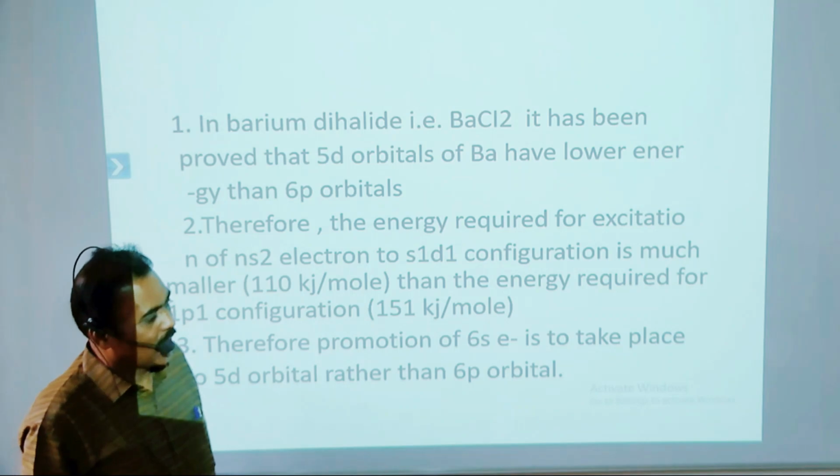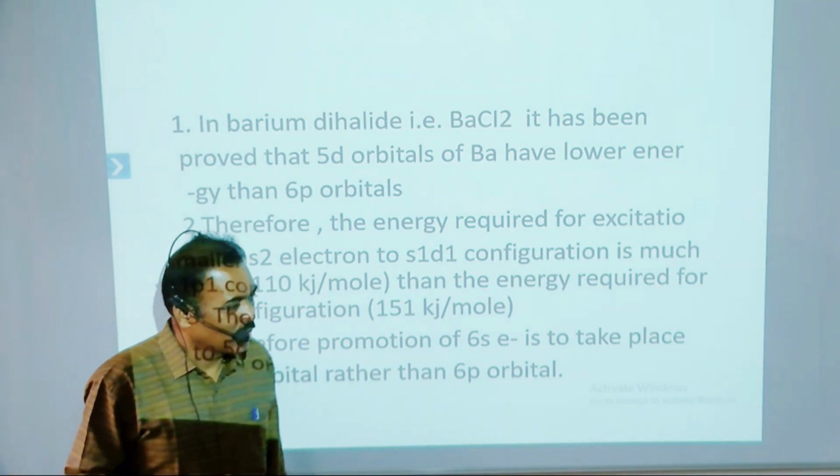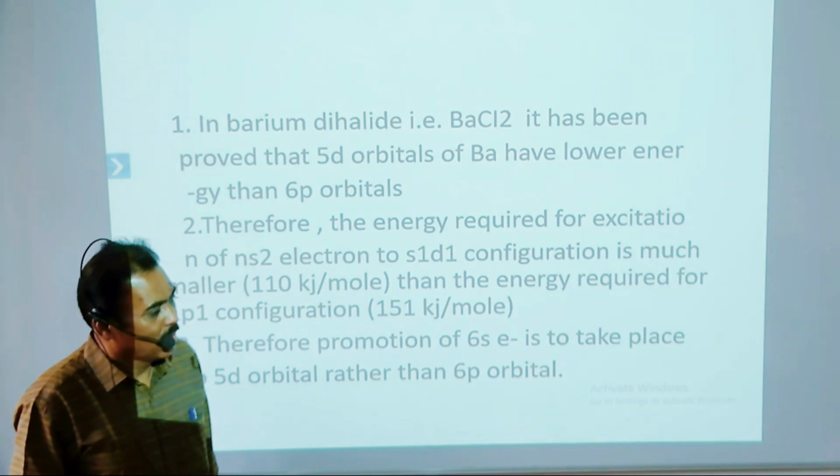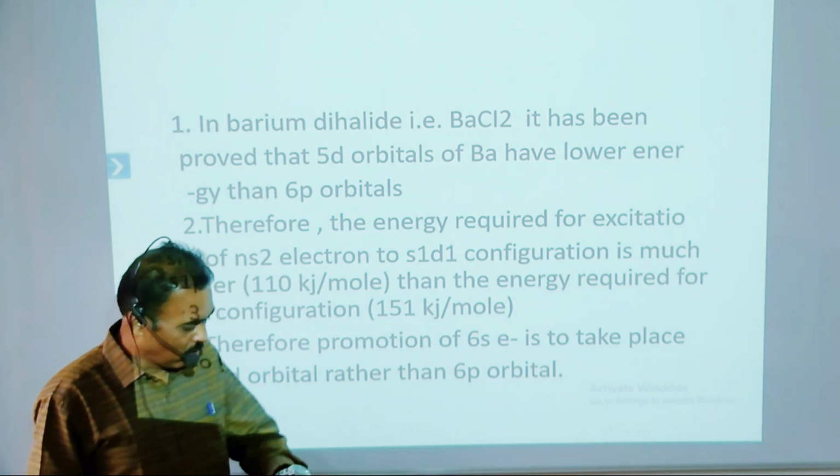In barium dihalide, that is BaCl2, it has been proved that the 5d orbital of Ba, that is barium, has lower energy than the 6p orbital.